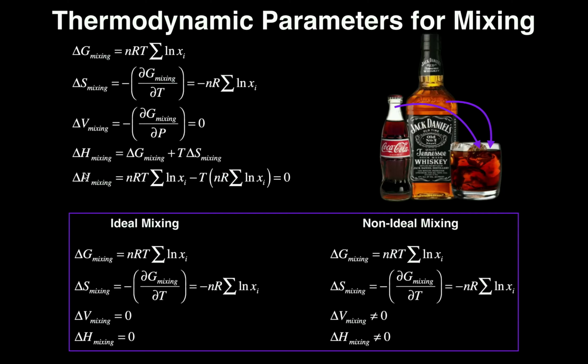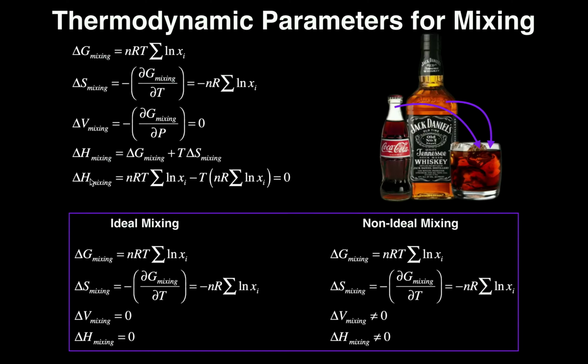But it suffices to say for now that for ideal conditions, when you actually add all this together, we get nRT times the sum of the natural log of all mole fractions. And if we pull this T inside here, this whole thing becomes identical to what we have over here. And so it's one term minus the same term. And so you just get 0. All right. So that's the delta H of mixing.